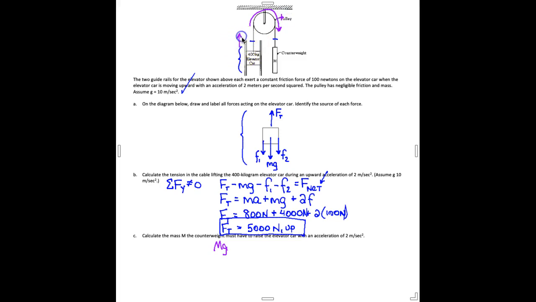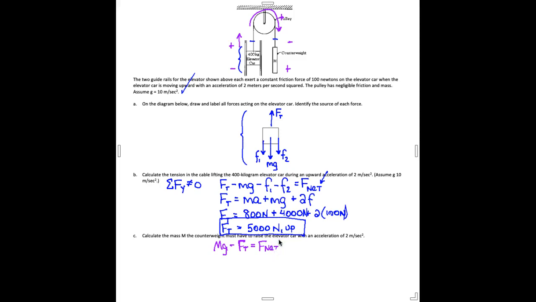That means that on the left-hand side we called upwards positive and downwards negative, and on the right-hand side we're going to call downwards positive and upwards negative. That means mg minus Ft is equal to F net, which eventually I'm going to replace in this next step with ma.